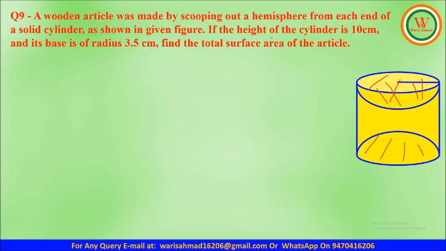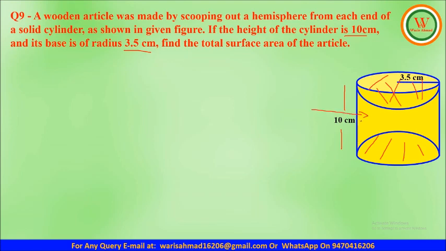According to the question, the height of the cylinder is 10 centimeter. So here we can observe the height of this cylinder is 10 centimeter and the base is of radius 3.5 centimeter. Now we are going to find the total surface area of this article. To find the total surface area of this article, first of all we will find the CSA, curved surface area of this cylinder.